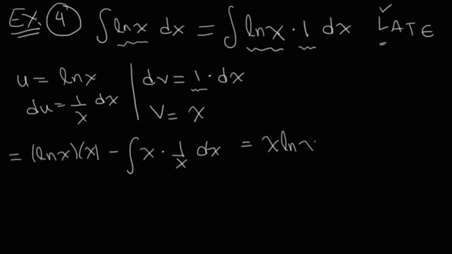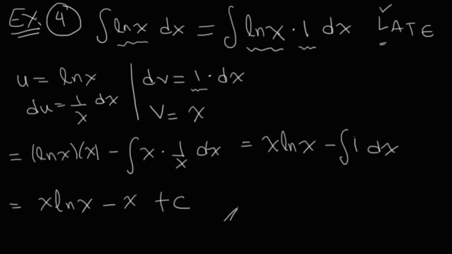So I'm going to have x ln of x minus the integral of, now notice the x times 1 over x. This is like saying x over x dx, which instead of writing x over x, we can just do 1. So I'm just going to skip that step here and just write 1 dx. Okay, and then we get x ln of x, that stays the same, minus, and again, we're doing the antiderivative of 1, so that's just x, and then plus c. And there is the answer.